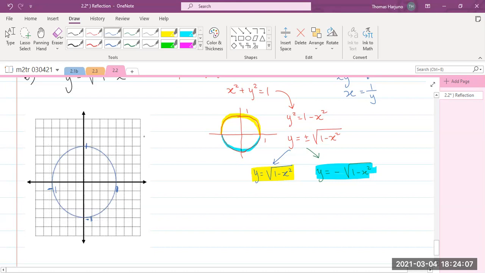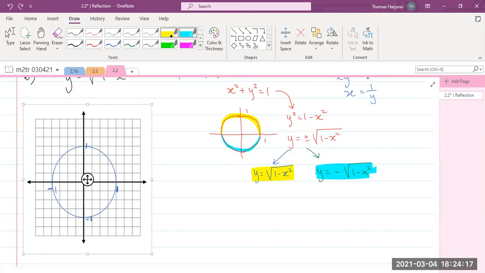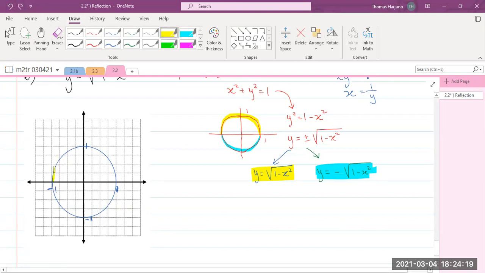That's what my circle looks like, but I only take the positive branch. Let me use yellow. This is the positive branch. And if you want the negative branch, that's the one at the bottom.